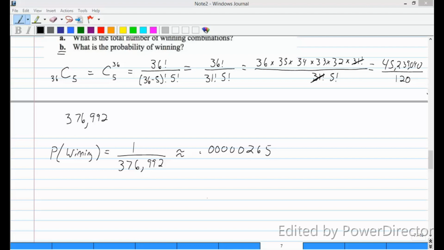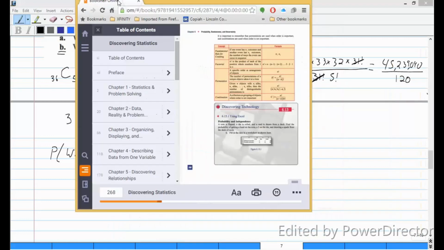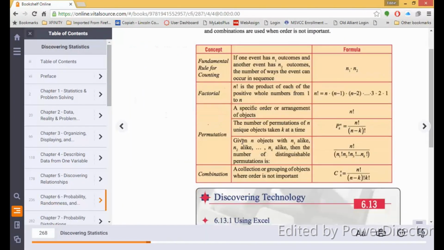All right, there is a little table that is in your book, but everything in the table is basically on your formula sheet. It just kind of summarizes these different rules.